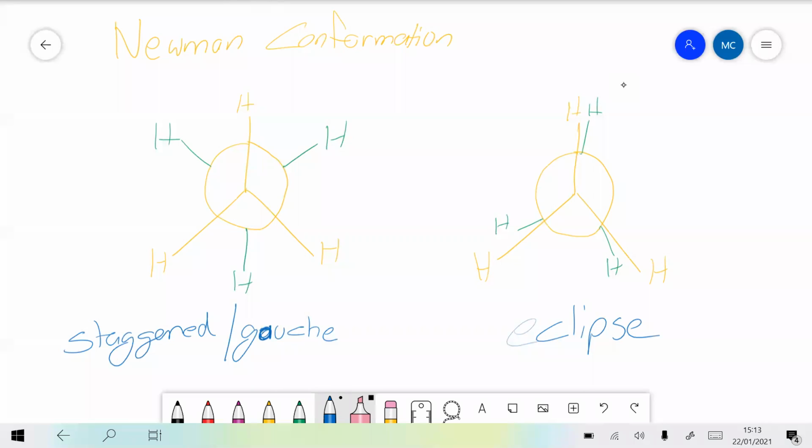Now, the Sawhorse is going to be a situation where we will only be using it so that we can draw these Newman projections, these Newman conformations, okay? And we can call them projections as well.